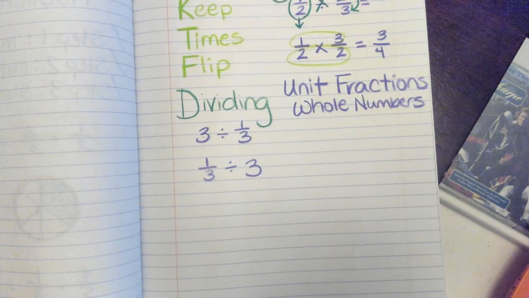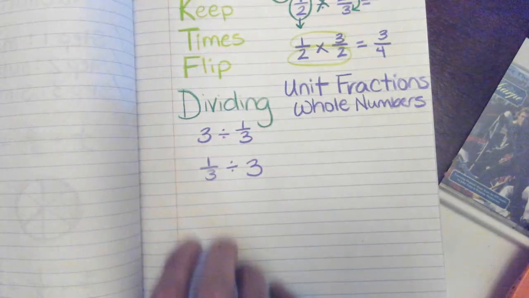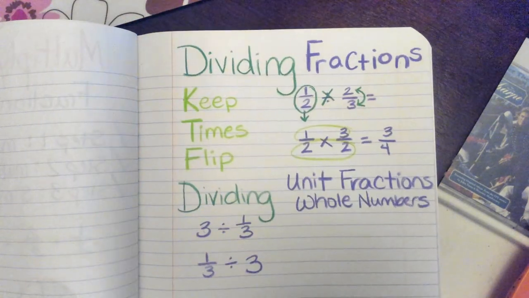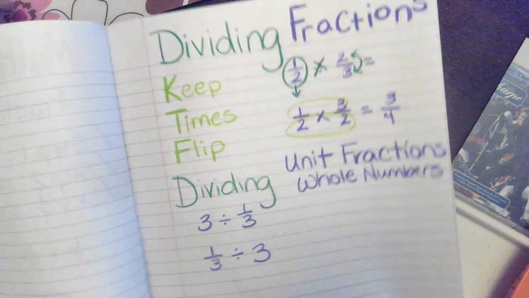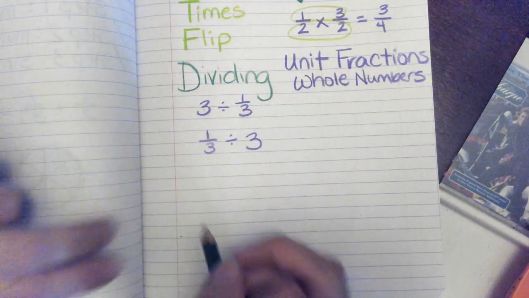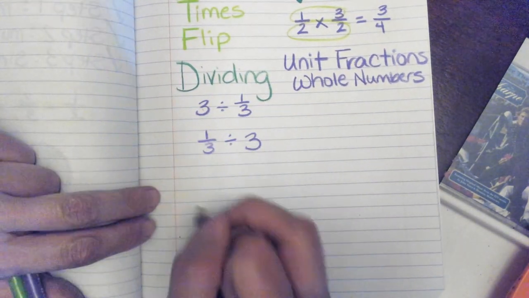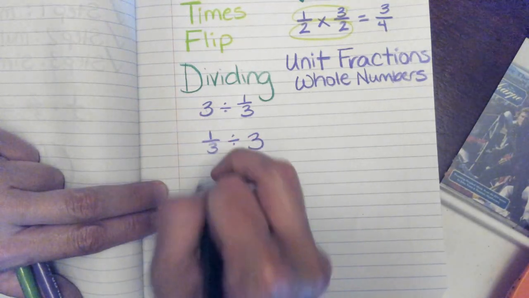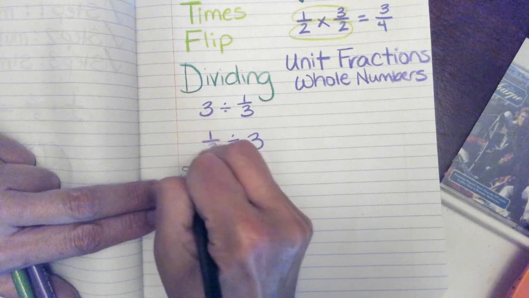I'm going to be really honest with you, trying to picture these things is really challenging for me, and that's why I started with keep times flip. Let's start with 3 divided by 1/3.